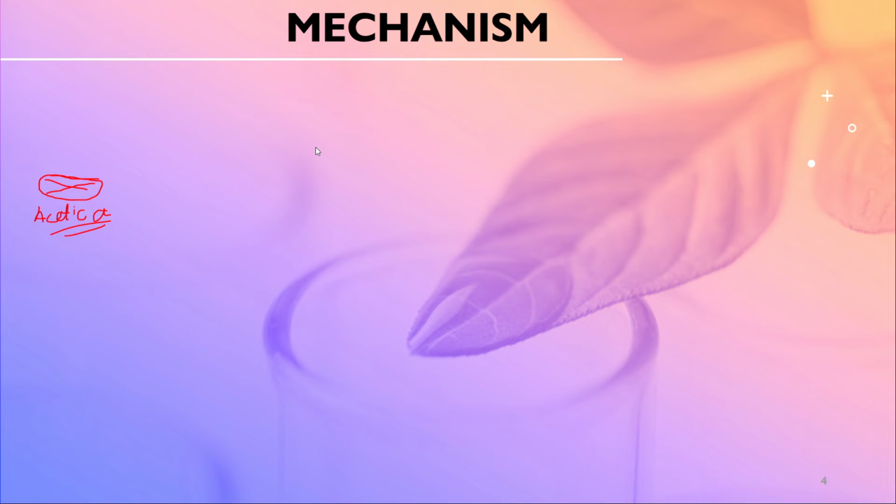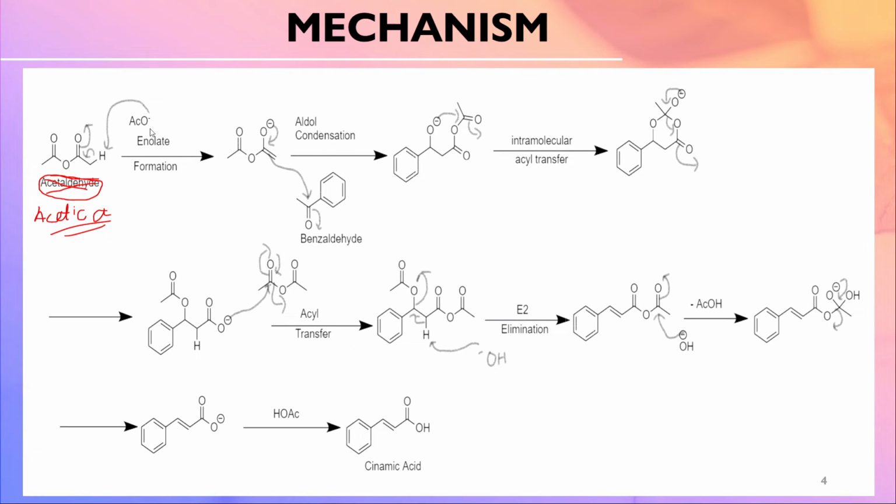So let's see. Here first the enolate will form. You can see this is the acidic hydrogen in the alpha position of the carbon. So the acetate ion will abstract this hydrogen, and here is a negative charge. Now here an aldol condensation type of reaction will happen.